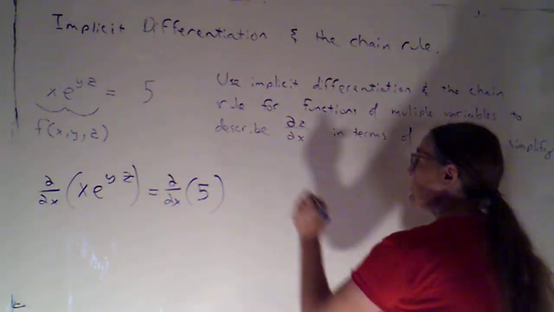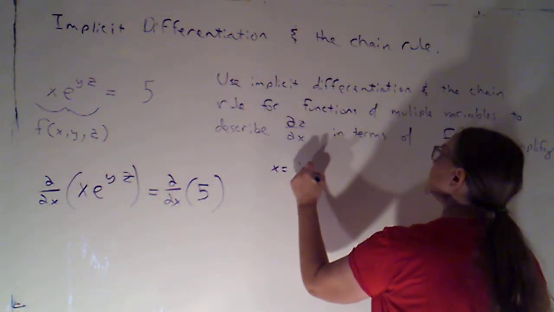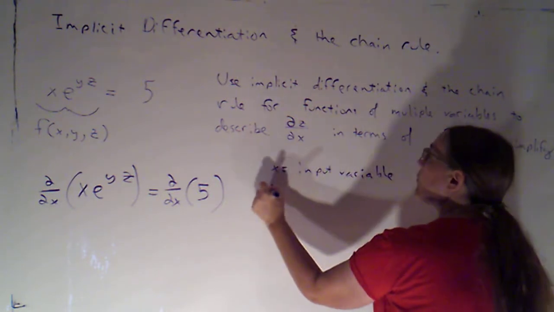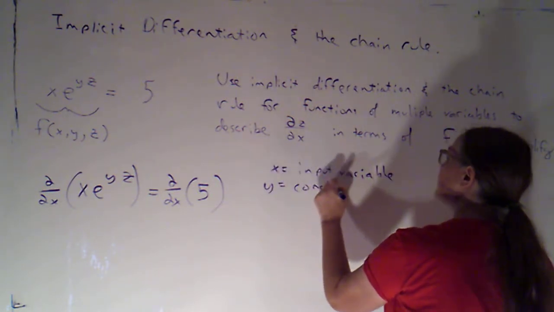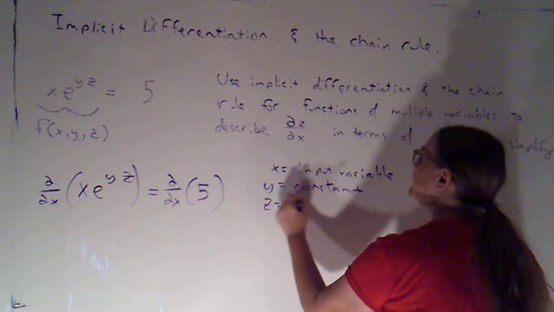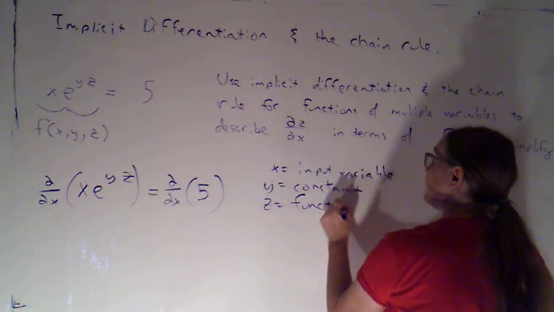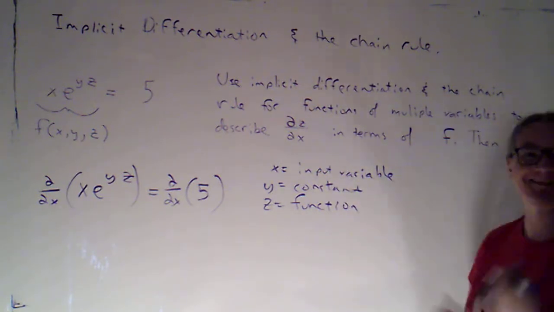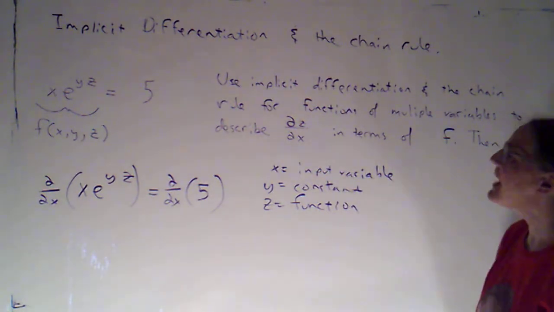And of course, when I'm doing that, I'm treating x as my input variable, or the independent variable. We're holding y as a constant, and we're thinking of z as being a function of x and y, but because y is a constant, essentially a function of just x.